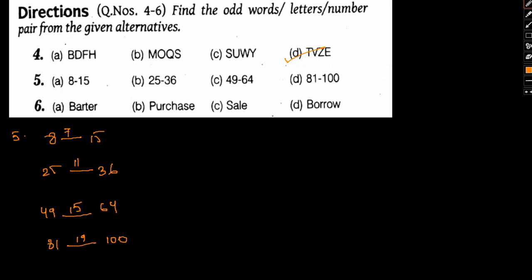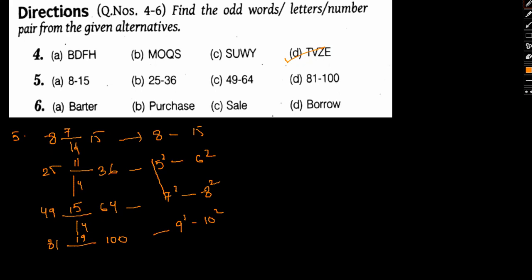But let's see one thing: 4, 4, 4. So there is actually no relation in this respect as well. So what else can we do? How to proceed further? Let's see. Take a look at this. Here we have 8 and 15, right? If you look at all these numbers, 25 can be written as 5 square and 36 as 6 square. Similarly, 49 is 7 square, 64 is 8 square, then 9 square and 10 square.